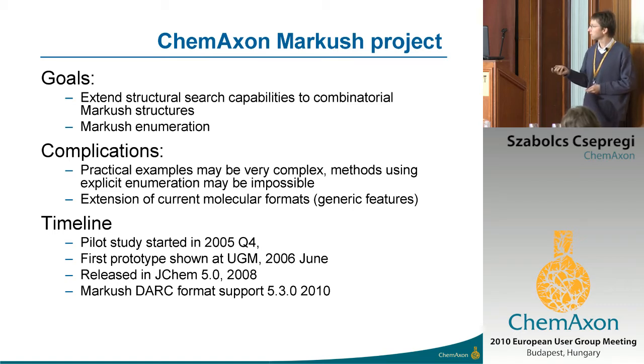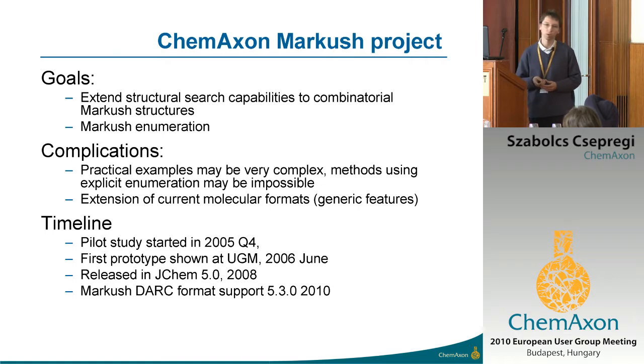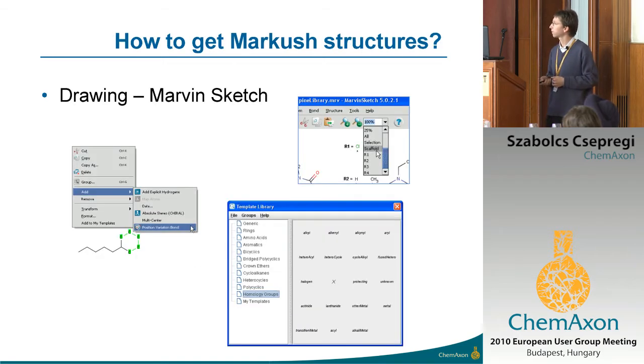And just this year, we have reached a state where we can handle a file format, the Markush DARC file format, which was designed to store patent Markush structures in an electronic form. I will talk about that in more detail later.